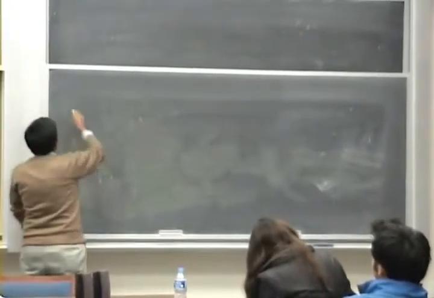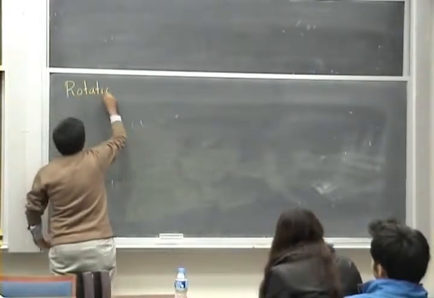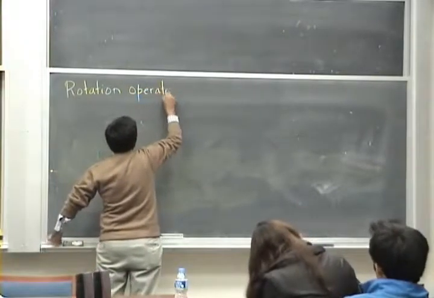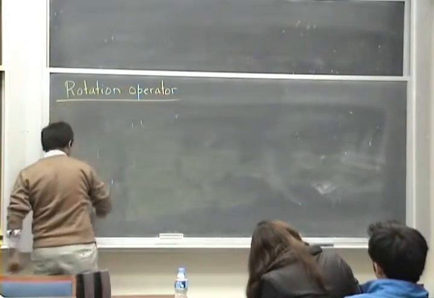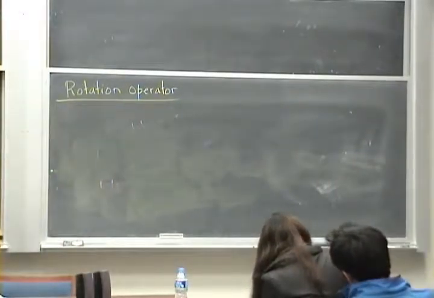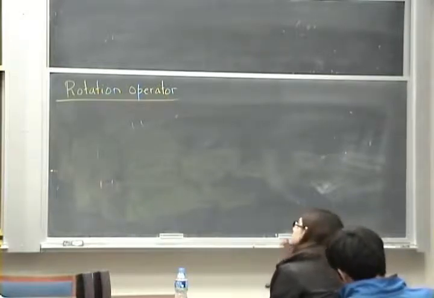Now let's look at some more examples of operators. Let's look at the rotation operator. I would like to move back to the polarization of a single photon.